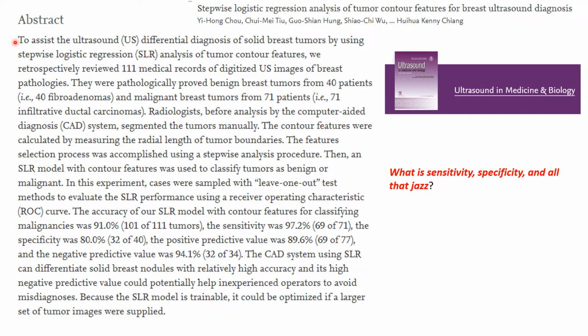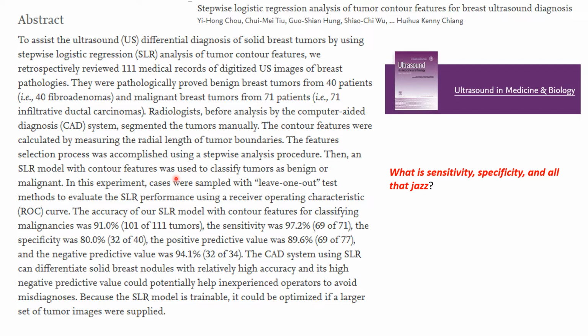And the 111 medical records is in fact a sample. Now, of these samples that they looked at, 40 were benign and 71 were malignant. Now, the contour features, that is the shape of the tumors, were calculated by measuring the radial length of the tumor boundaries.